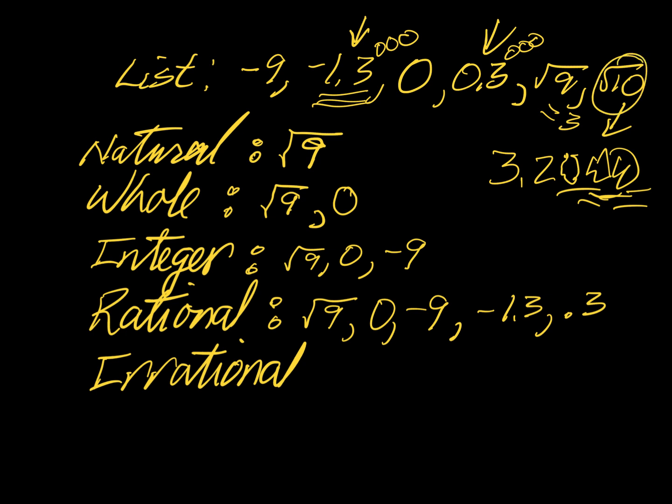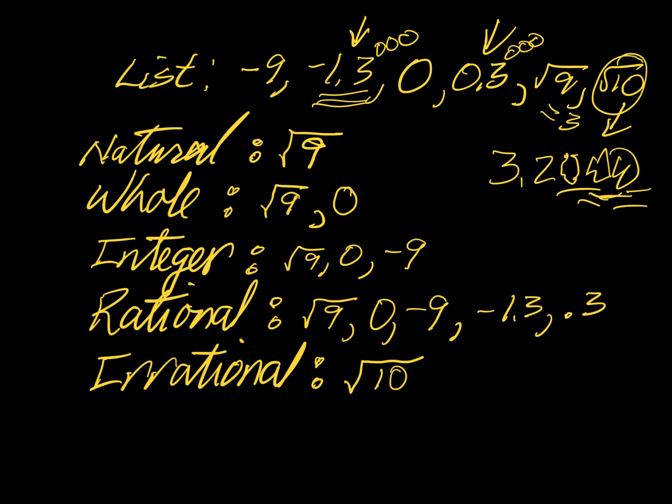Now, notice how if it was natural, it's whole. If it's whole, it's an integer. If it's integer, it's rational. But irrational numbers are completely separate. These all have a repeating decimal representation, but the square root of 10 is the only one that doesn't. So it's the only one that fits in the irrational category.